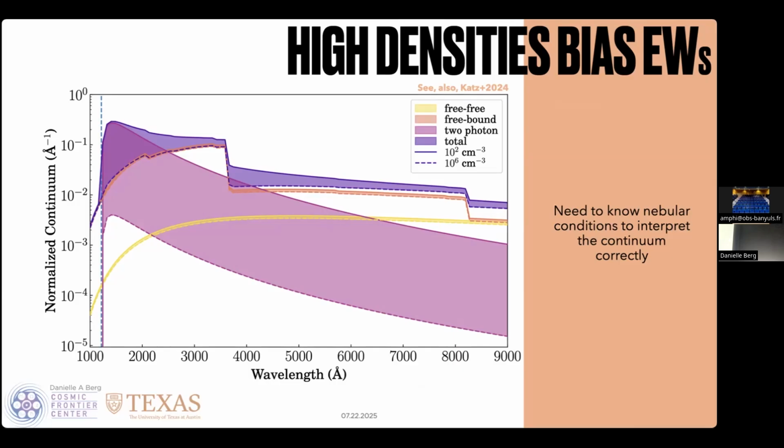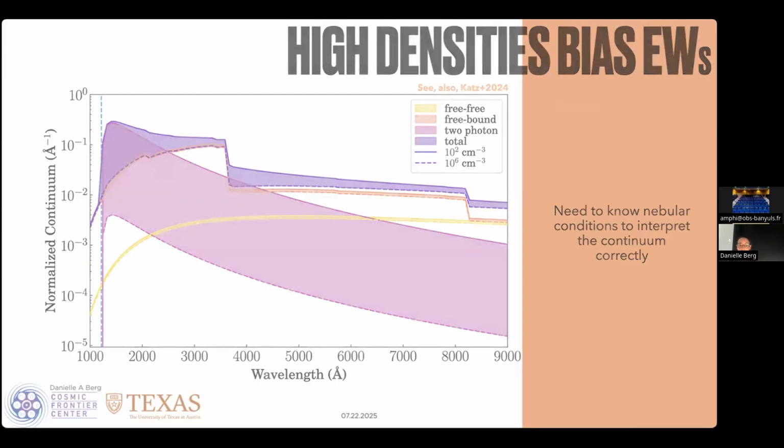This has to be added together with the stars, but your nebular continuum in conditions that are strong can be up to 40% of your total continuum. So this is going to start to change your shape significantly in the UV, and you have to understand this if you're going to do correct modeling and interpretation.